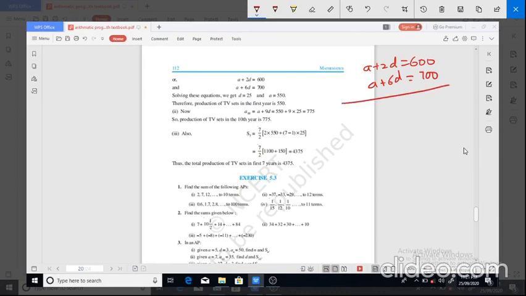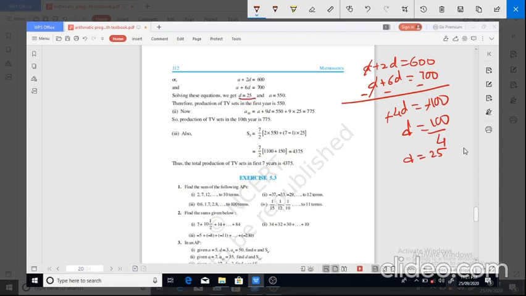Subtract these two. While subtracting, we have to change the sign. a minus a gets cancelled. Minus 6d plus 2d. What do we get? Minus 4d is equal to minus 100. You can cancel the minus signs. So d equal to 100 by 4. So then the d value is 25.